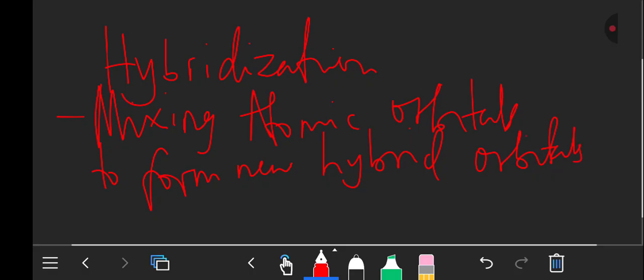So this is basically what hybridization is all about. And the reason why we need to mix these atomic orbitals is so that those hybrid orbitals can participate in bonding. Okay, so that is the reason.